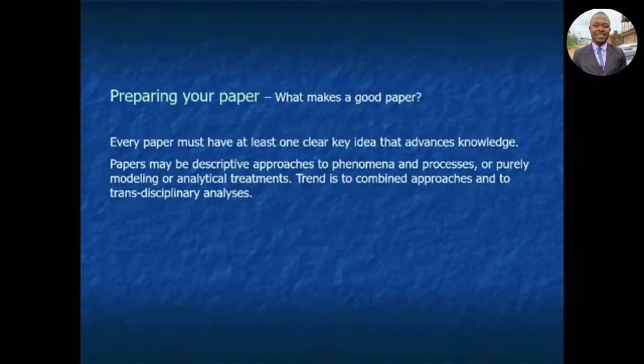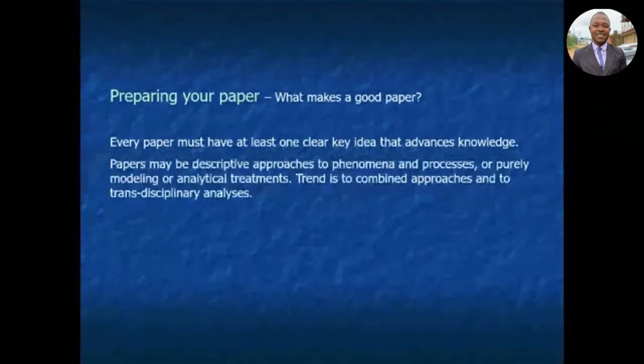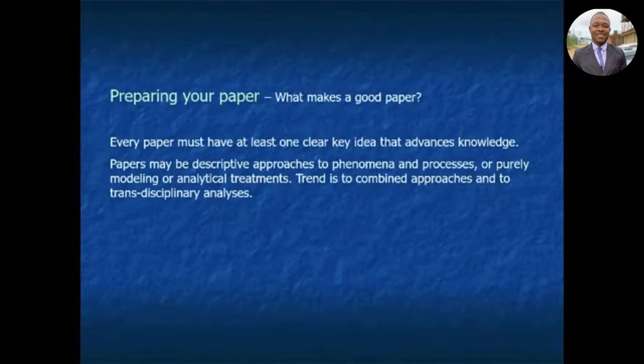Okay, it's very important to note that when you are sending a paper to an international community, the reviewers will be expecting a good paper from you. And what makes a good paper? Now, every paper must have at least one clear key idea that advances knowledge.